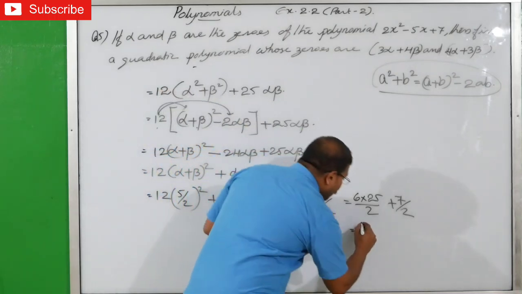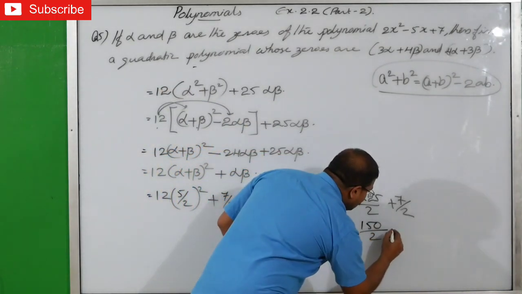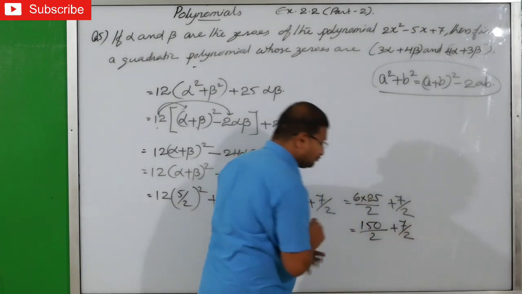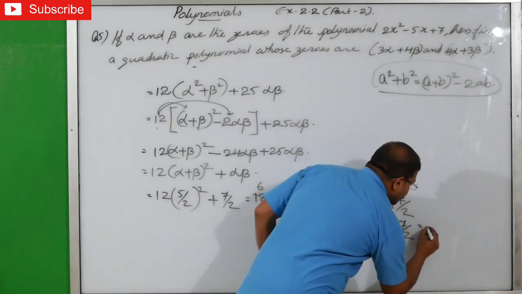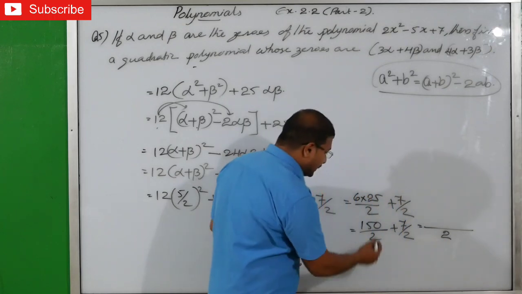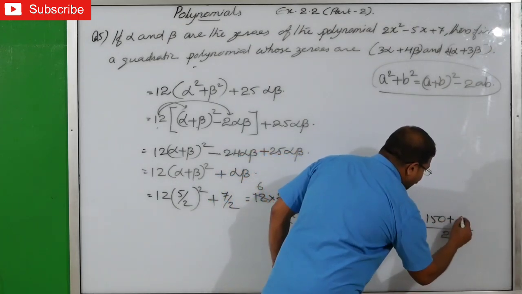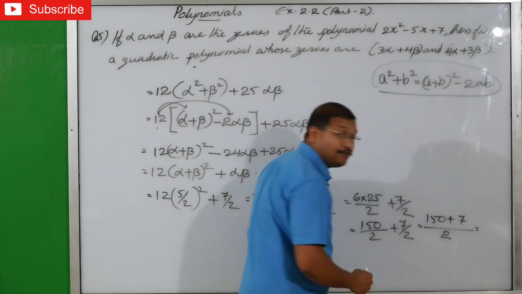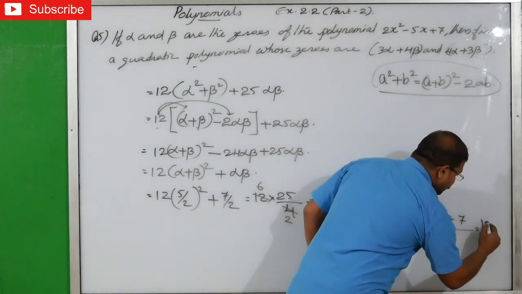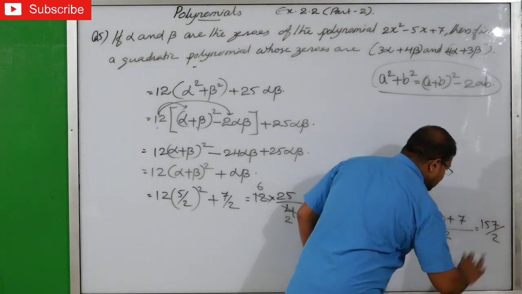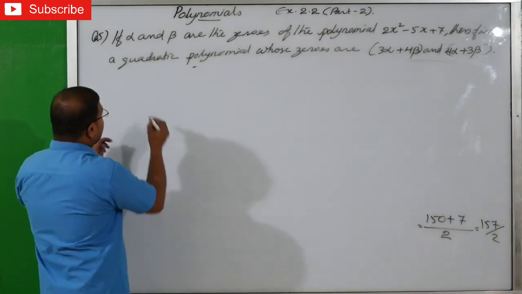That is 150 by 2 plus 7 by 2. Now 2 is the LCM, and the denominators are the same, so 150 plus 7 equals 157 by 2. This is the product of the zeros.